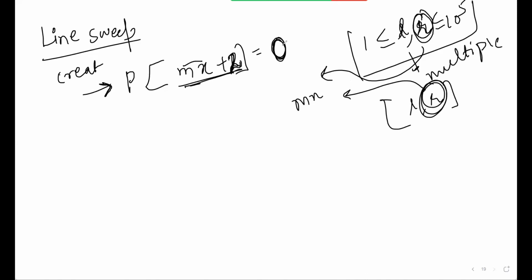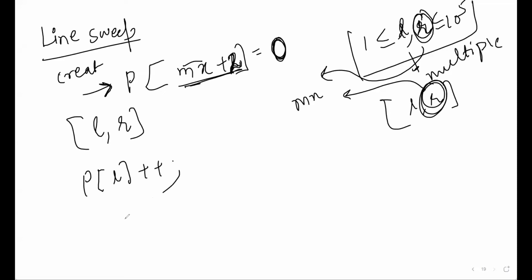So these are the steps of this line sweep algorithm. For any range L, R that is given, what I do is P of L plus plus and P of R plus 1 minus minus. This is the beginning of the range, so I'm incrementing.